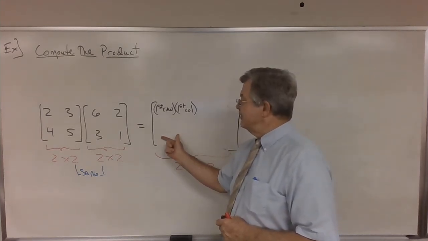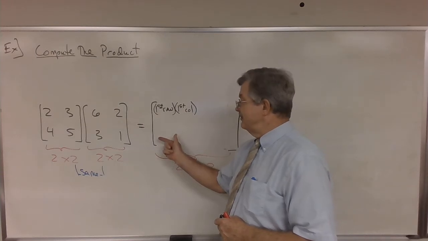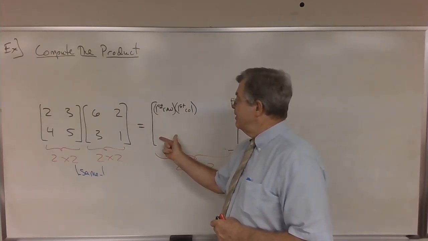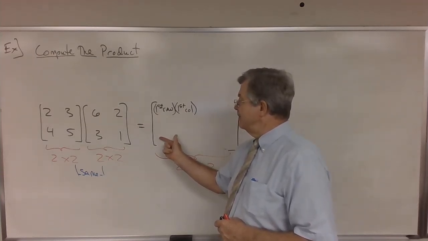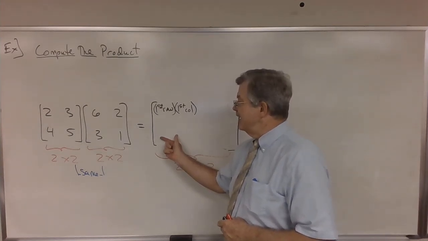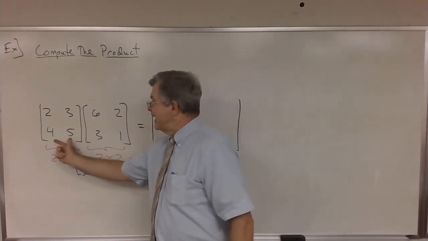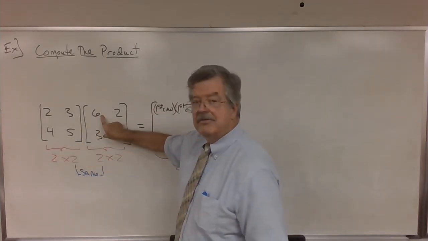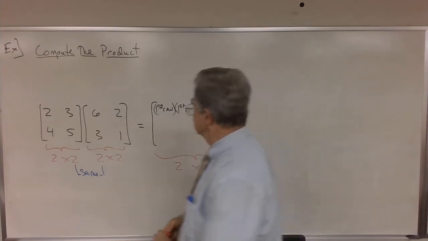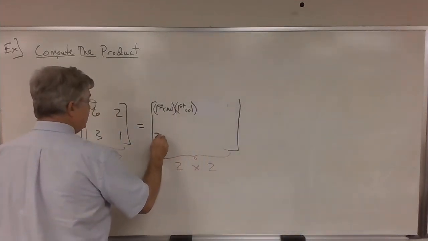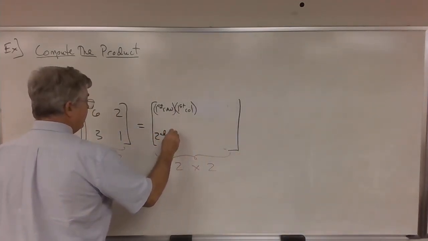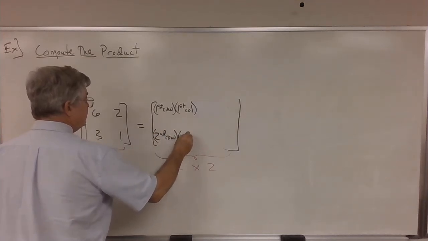I'm in the second row now, but I'm still in the first column. So to get this entry, I take the second row times the first column.